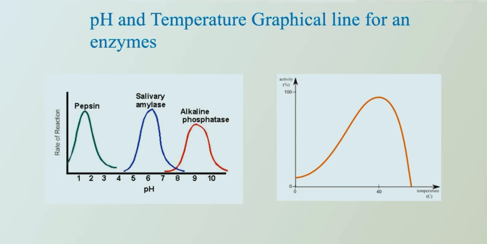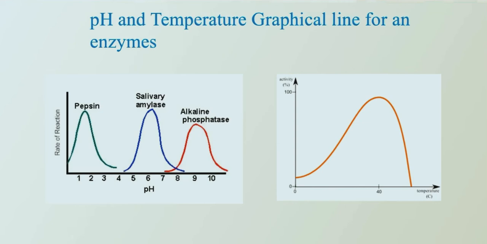So how can I determine the optimum pH of an enzyme in a graph? As you can see, the rate of reaction increases, and then it decreases immediately until the activity level reaches 0, as you can see in the graph for pepsin and all the enzymes.